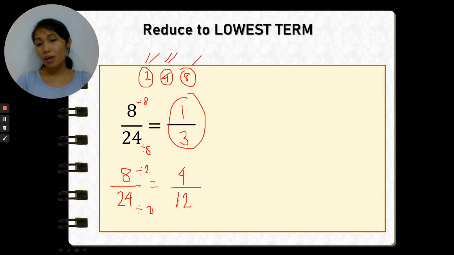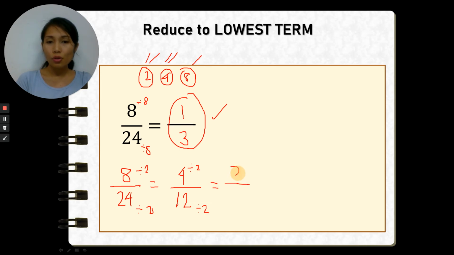Okay, you see here 4/12 is not yet in the lowest term since we can divide this by 2, right? Or we can divide it by 4 even. Okay, let's just try 2. Let's see if we will get the same answer as above. Okay, 4 divided by 2 is 2. And 12 divided by 2 is 6.